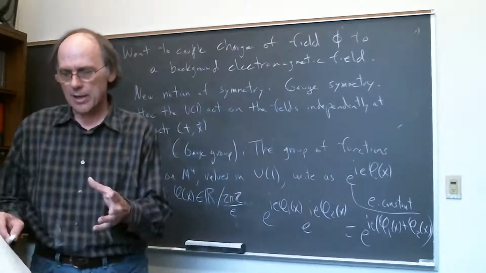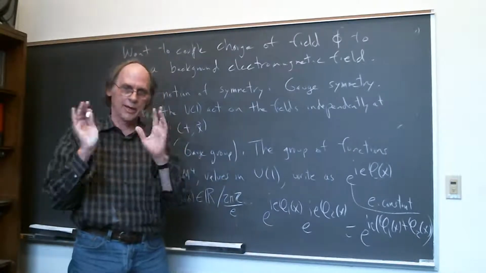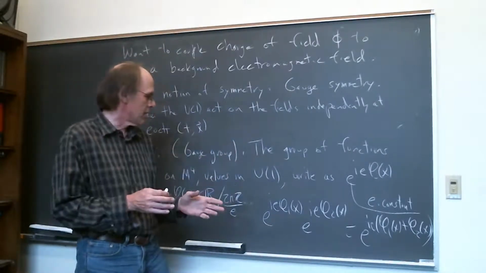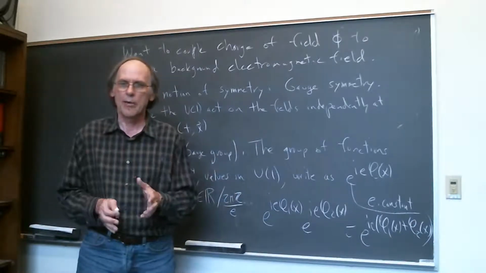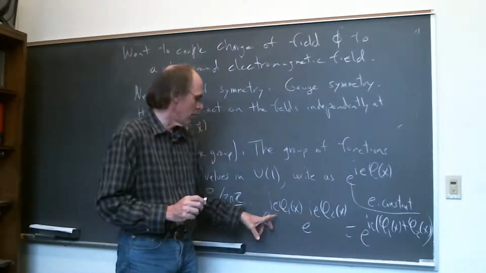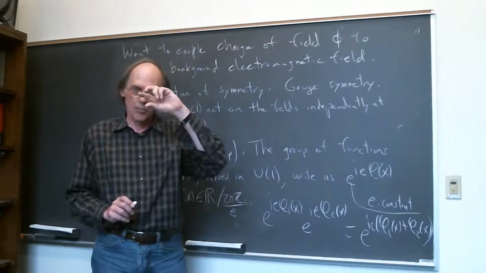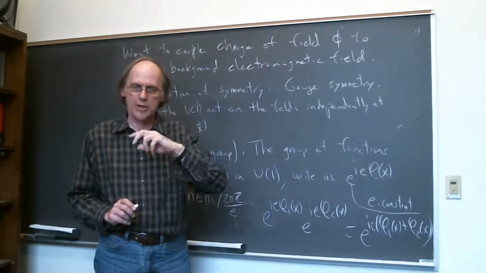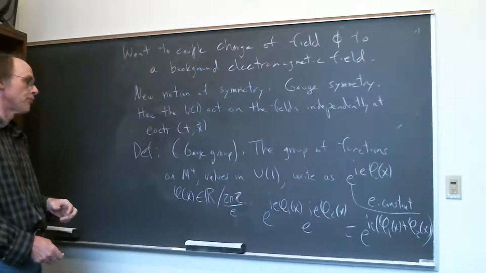So the thing about gauge symmetry is it's very much an internal symmetry. It really doesn't know anything about the Poincare group, and it doesn't in any way relate different points in space-time. It just affects the values of the field at each point in space-time, and it does it completely independently.